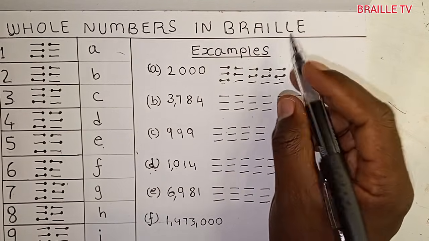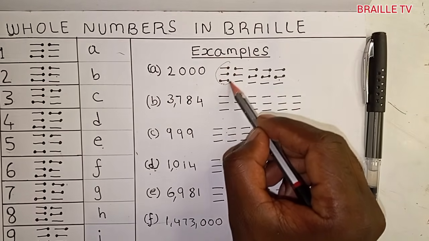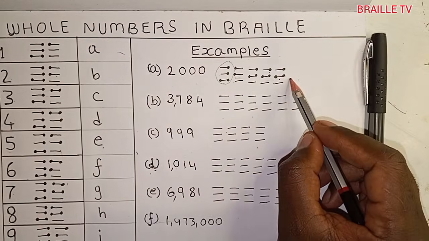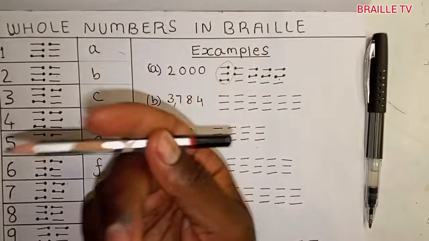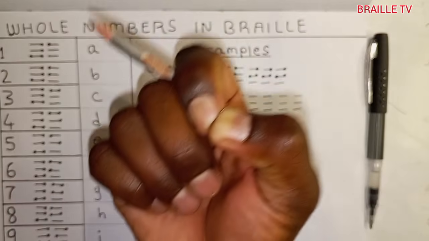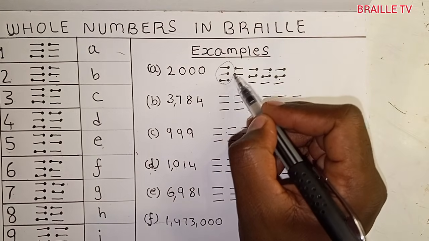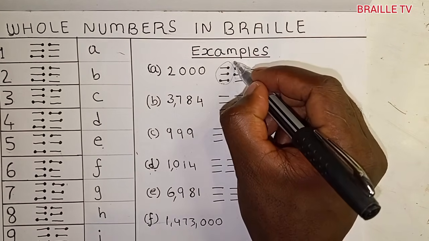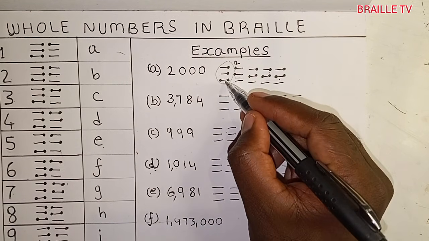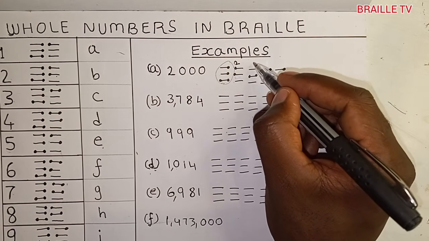And I told you, whenever you see a numeral sign here, it means the letters that are following, they are not letters. They have been converted to numbers. And each letter has got its specific number that it represents. Now, in this case, because we have a numeral sign, this one is no longer B, it is 2, because B represents 2. This is J. Now, because we had a numeral sign here, and this one is J, and I told you J represents 0.